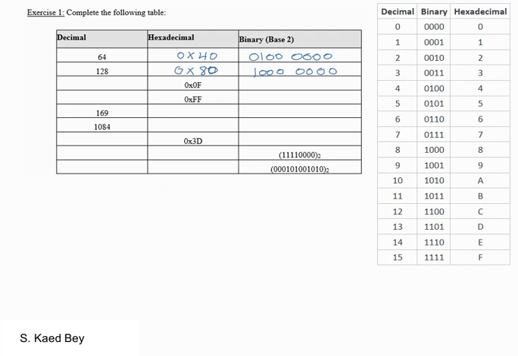So let's do the third one. Here we have a hexadecimal number that we would like to convert maybe first to decimal. To do this, we will take the first digit, which is the F, and multiply it by 16 to the power 0. And we take the second digit and multiply it by 16 to the power 1. Now remember, the letter F is equivalent to 15 in decimal.